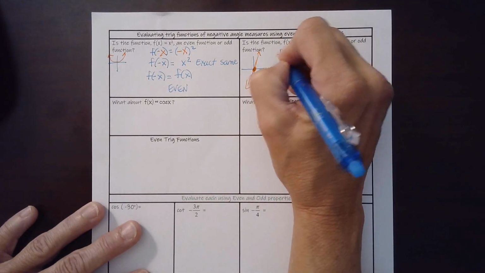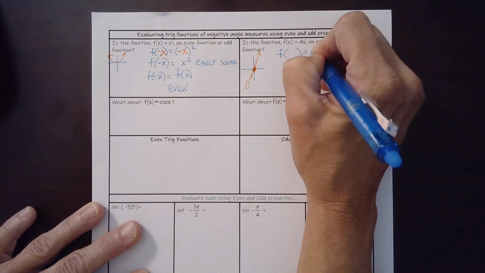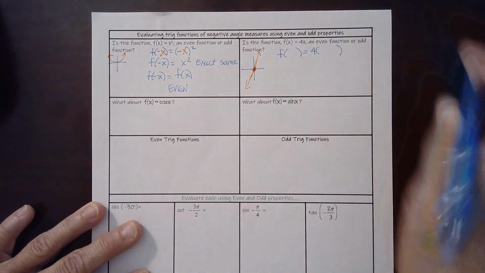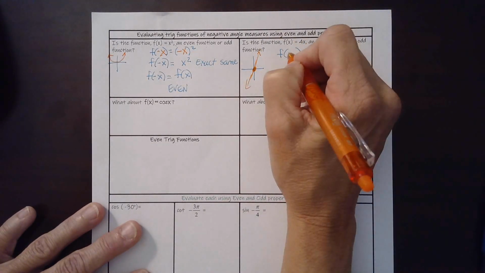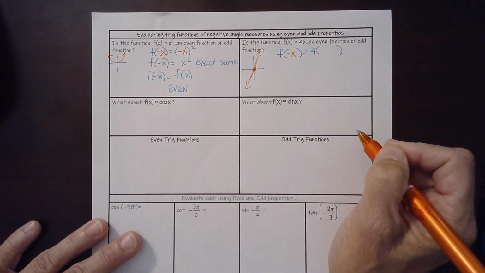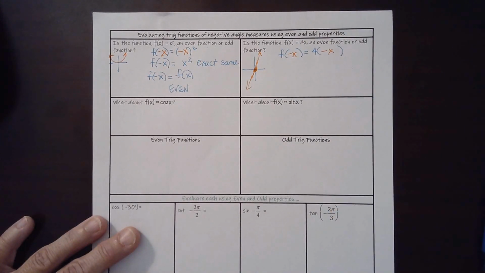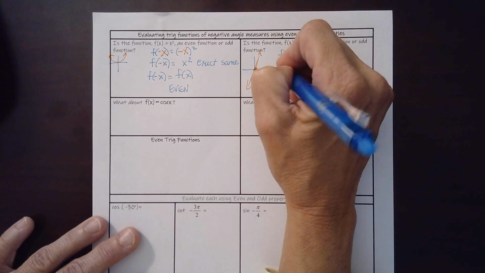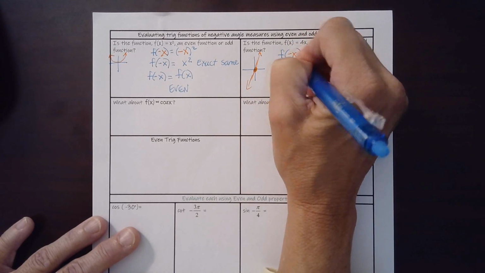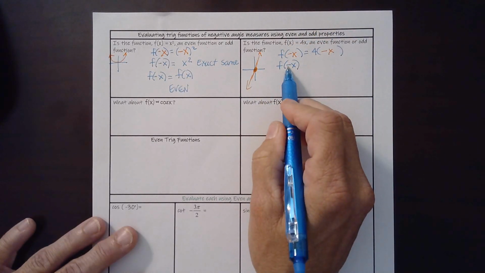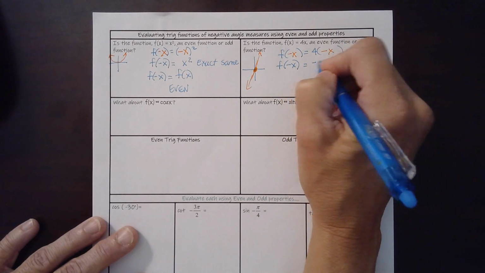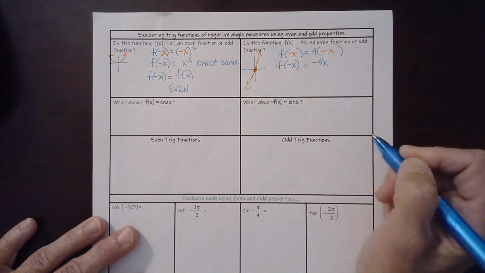Once again, to determine if a function is even or odd, we substitute negative x, the opposite of x, into the function. When we simplify, we see that f of negative x equals negative 4x.